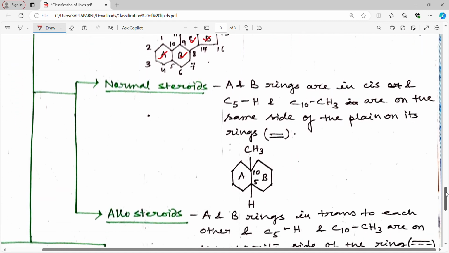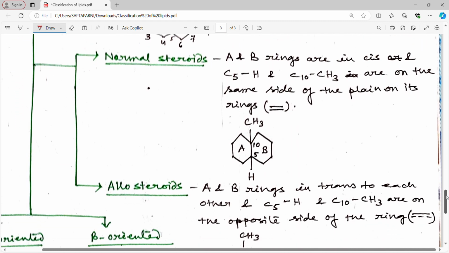One is normal steroid, another one is allosteroid. When the A ring and B ring are in cis condition, that means they are in the same plane, and the hydrogen at the 5th carbon and the methyl group at the 10th carbon are also on the same plane of these 2 rings, then that type of steroid is known as normal steroid.